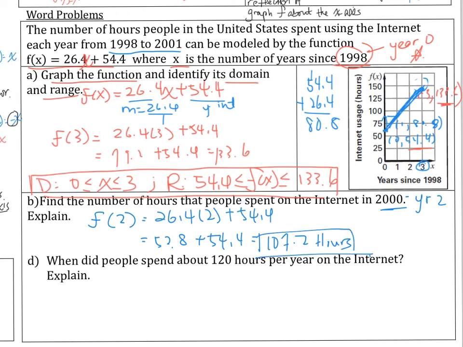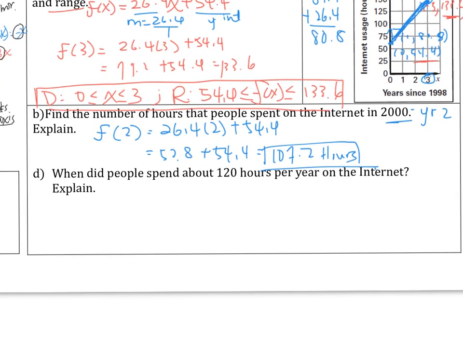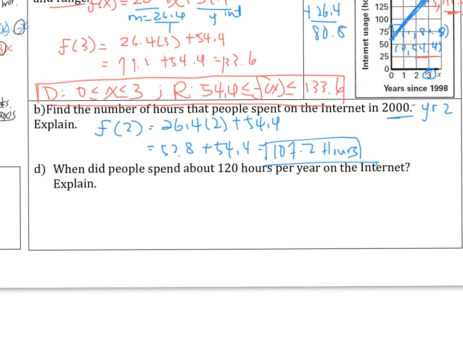Okay, and part D, when did people spend about 120 hours per year on the internet? Explain. So 120 hours, then we need to let this be f of x, right? So we need to solve for x now. How many years?